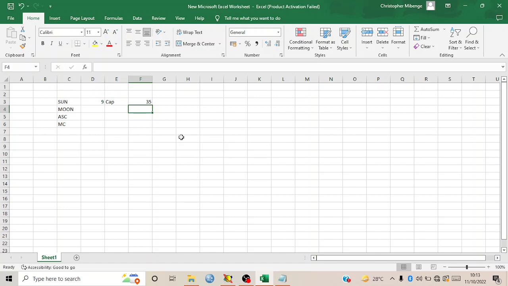So this will be minutes, this will be house, and this will be degrees. So 9 degrees. So let me mark again this, highlight this, and this as well.